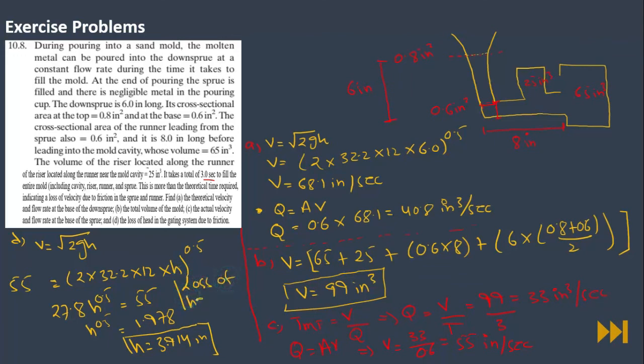So the loss of head equals 6 minus 3.914, and it equals 2.086 inches.